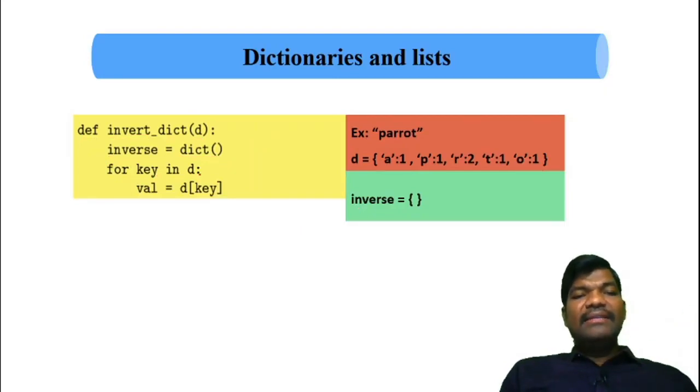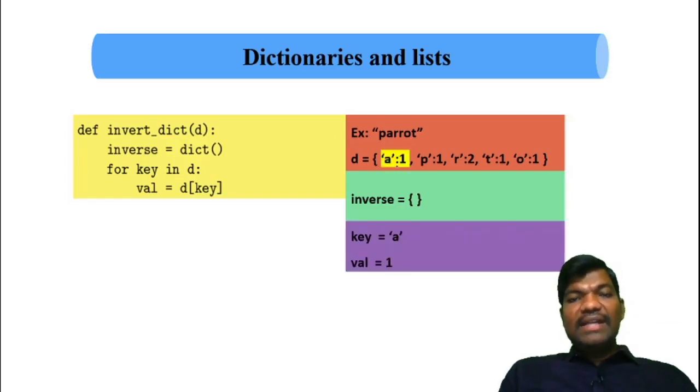For key in D. So this is our example. For key in D, consider the first one, A is 1. For key in D, value equal to D of key. What is key here? A. So D of A. So value equal to D of key, that means value equal to 1.